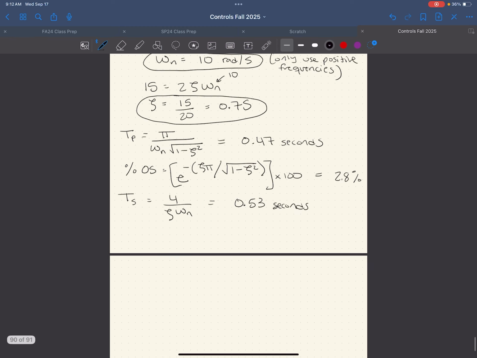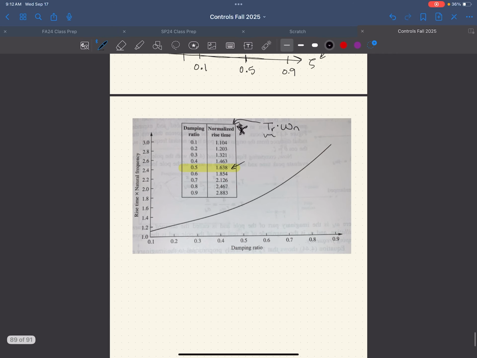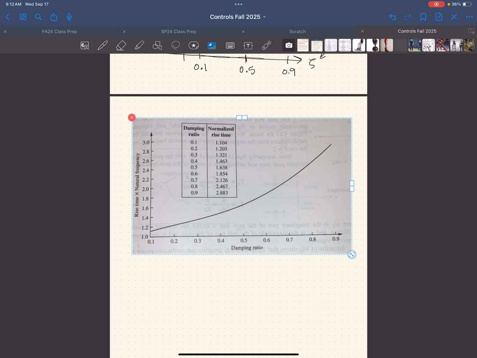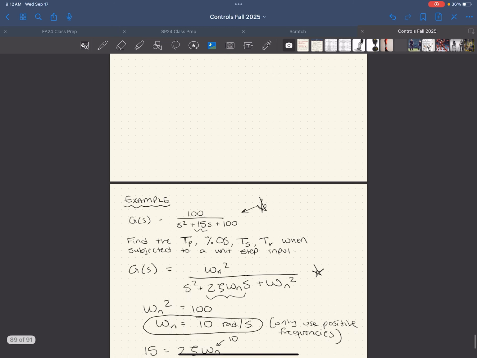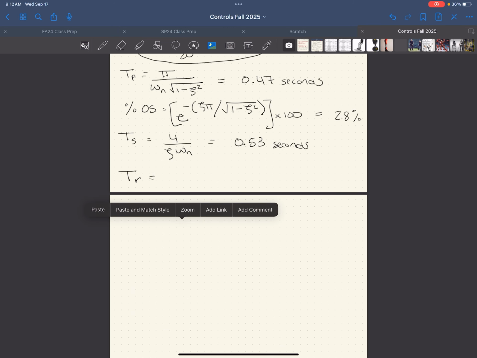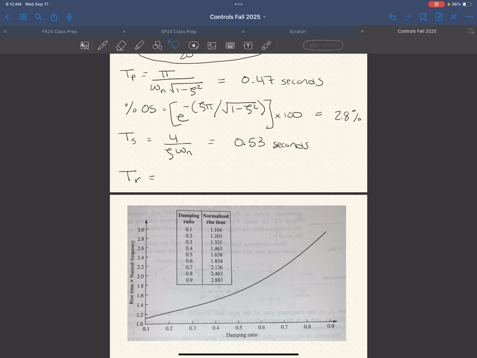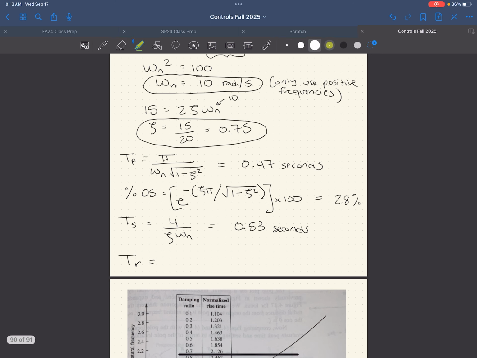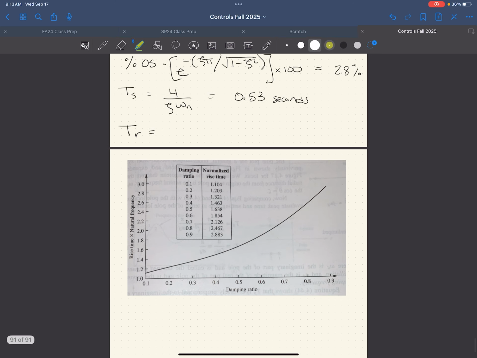And lastly, the rise time. Remember, we need that table for the rise time. So I'm going to copy and paste it down here. All right, what was my damping ratio? That was 0.75. Our table only has 0.7 and 0.8, so I'm really just going to estimate here. I know that my normalized rise time is roughly halfway between these two.